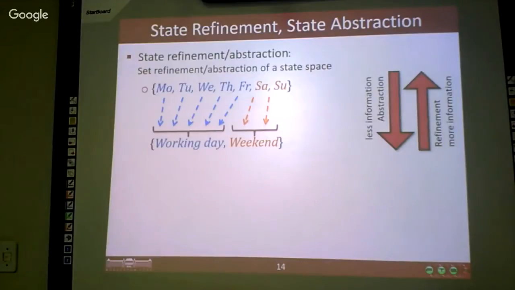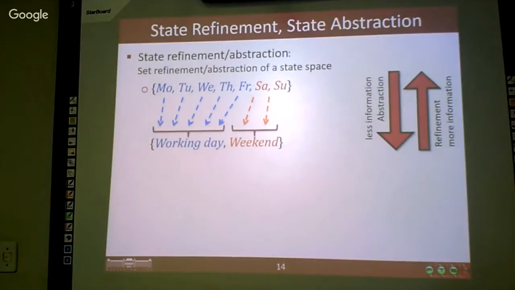And in the other direction, we get the refinement. So we provide more information because there are some good classes during the week. So we have to know if it is Tuesday and I will present to you, or it is Thursday when Professor Andrea Bondavalli will give you an amazing, very interesting lecture.